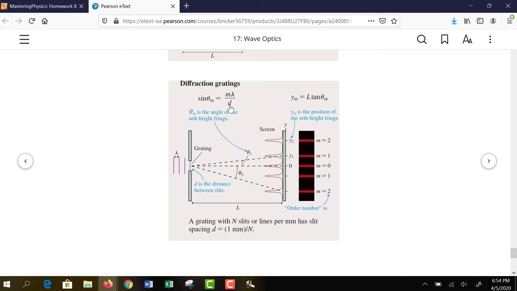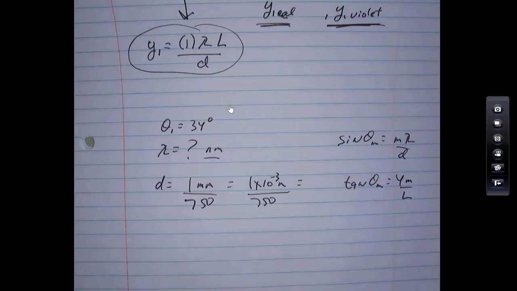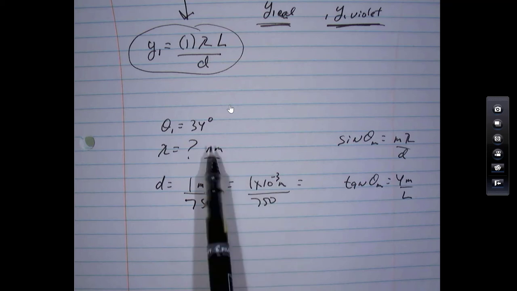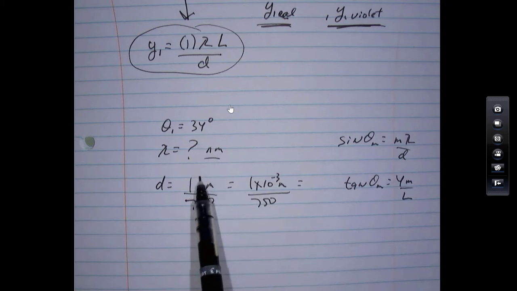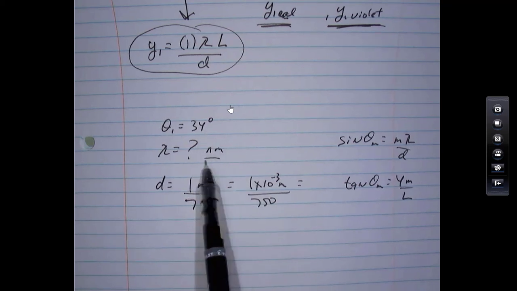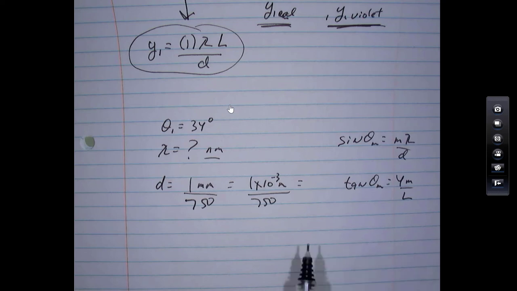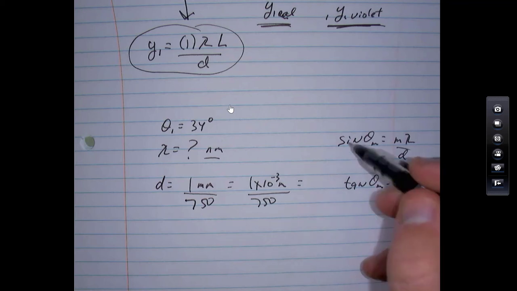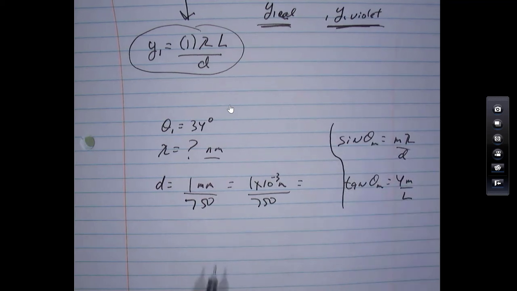Okay, let's put some numbers to this problem. So here's what we have again, 34 degrees. We're trying to figure out the wavelength in nanometers, and they give you 750 slits per millimeter. So what is d then, little d in the formula? So the spacing is 1 millimeter for 750 slits.